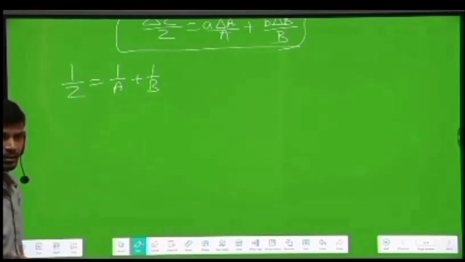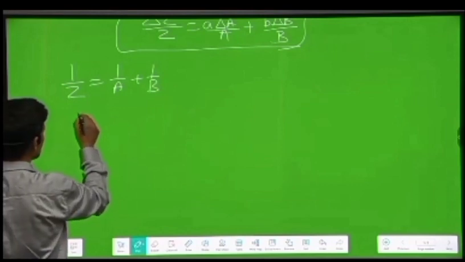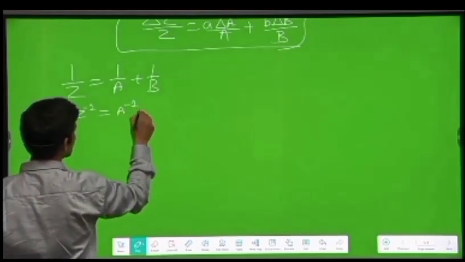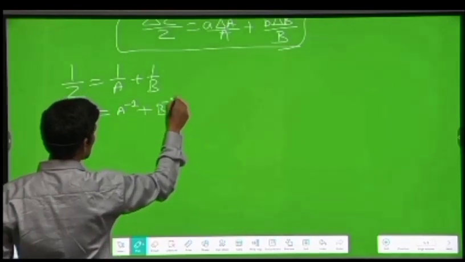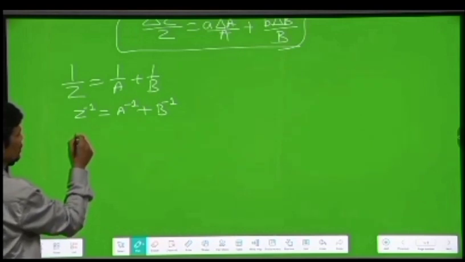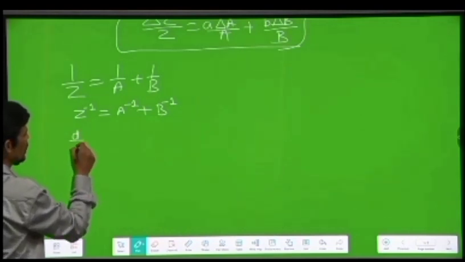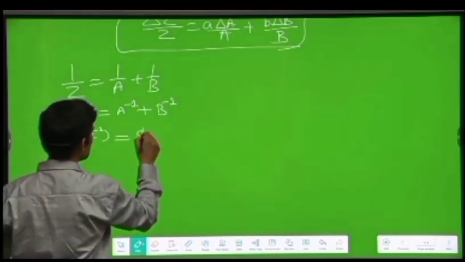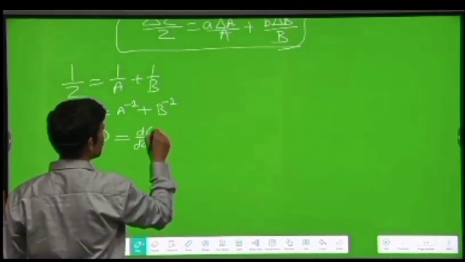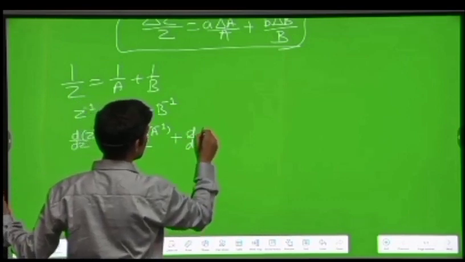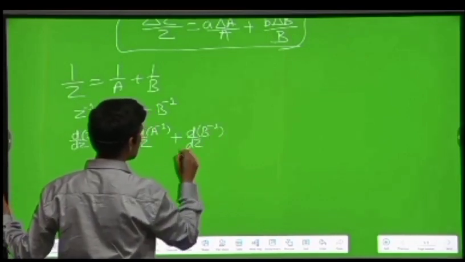Again, we will take the help of differentiation. Now see, again we'll differentiate it with respect to z. So d by dz of z to the power minus 1 is equal to d by dz of a to the power minus 1 plus d by dz of b to the power minus 1.